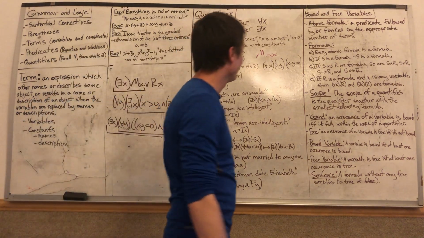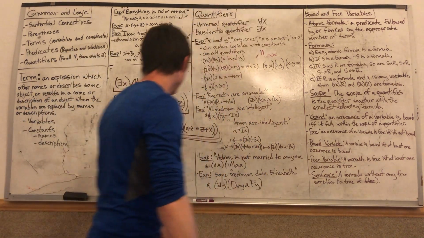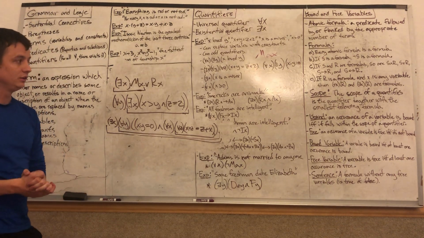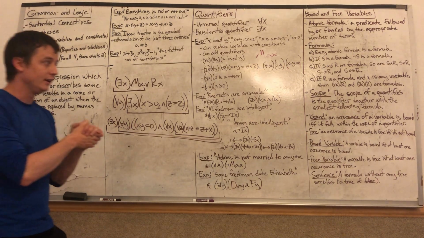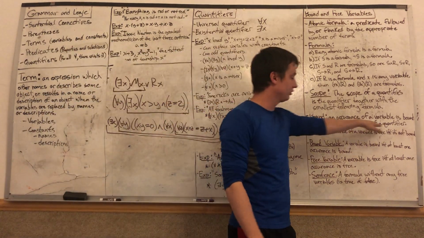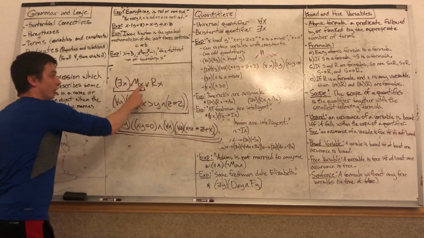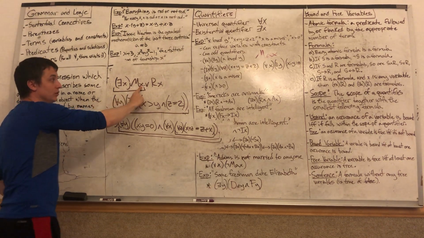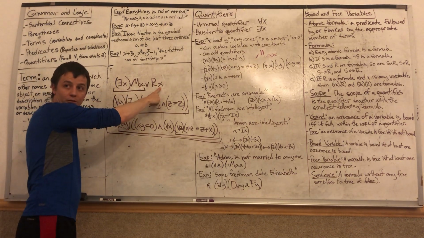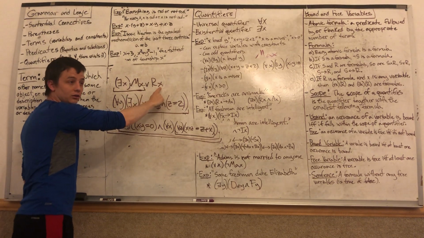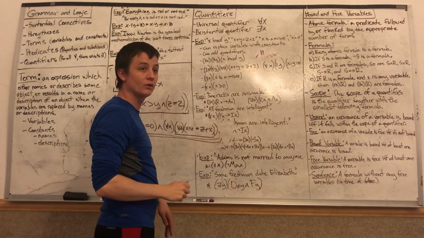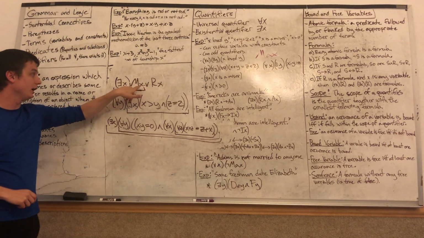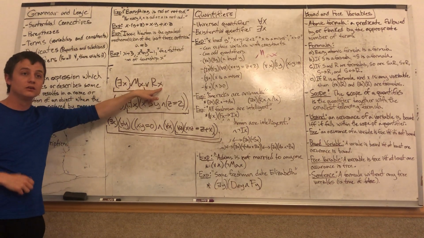Okay, so that's the scope of a quantifier. Now, an occurrence of a variable is bound if and only if it falls within the scope of a quantifier. So the occurrence of the variable x here is bound. The occurrence of it here is not bound. The variable x occurs here twice, here and here, right?